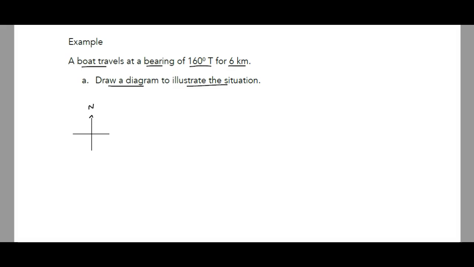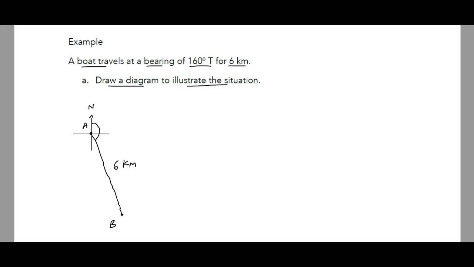Now 160 degrees, so I've got 90 degrees plus another 70 is going to get me to 160 degrees. So the direction the boat's going to travel is roughly in that particular direction, where the distance that the boat is traveling is 6 kilometers. So let's say the boat travels from point A to B, for instance.